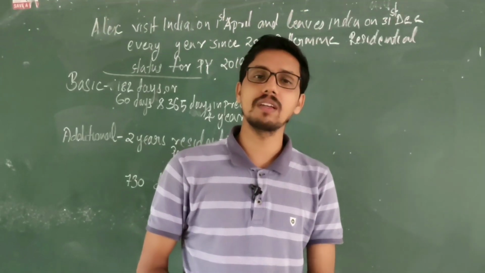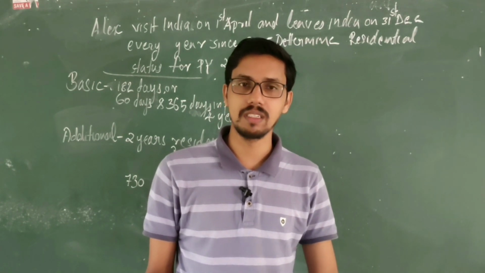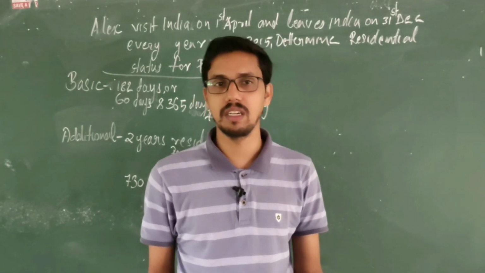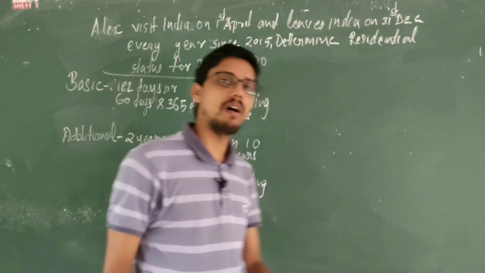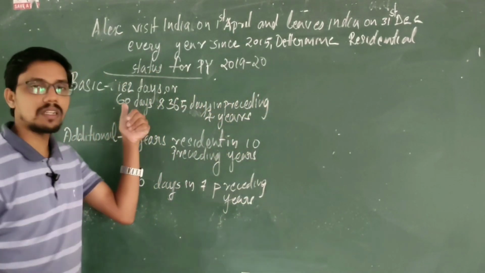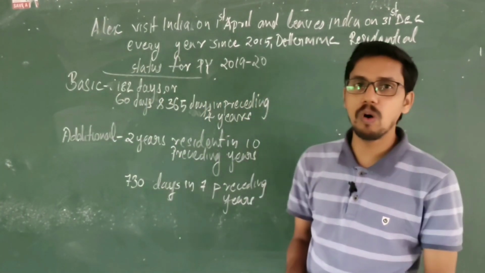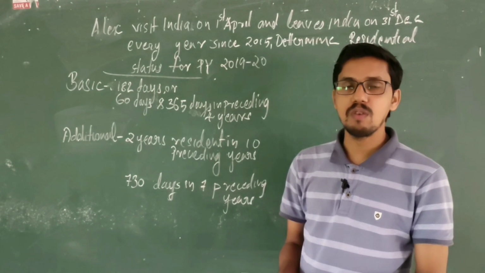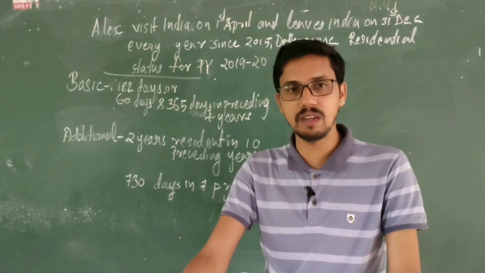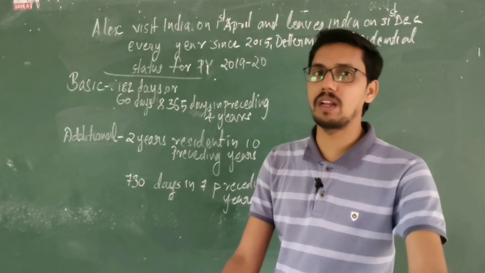Now, to determine the residential status of an individual, we have to check the basic conditions and additional conditions. What is the basic condition? He shall stay in India for at least 182 days, or he shall remain in India for 60 days in the relevant previous year and 365 days in the preceding 4 years of the relevant previous year.